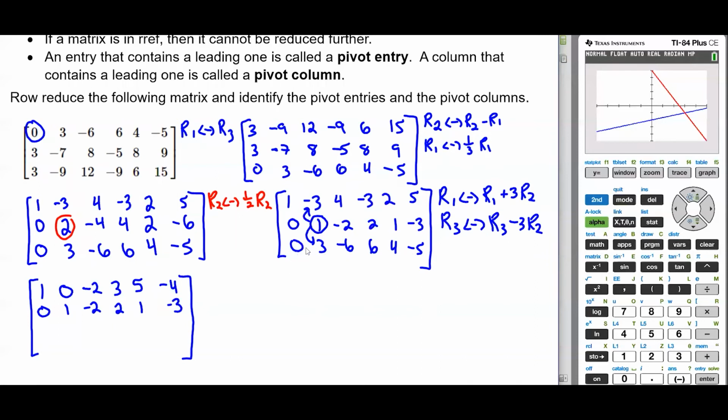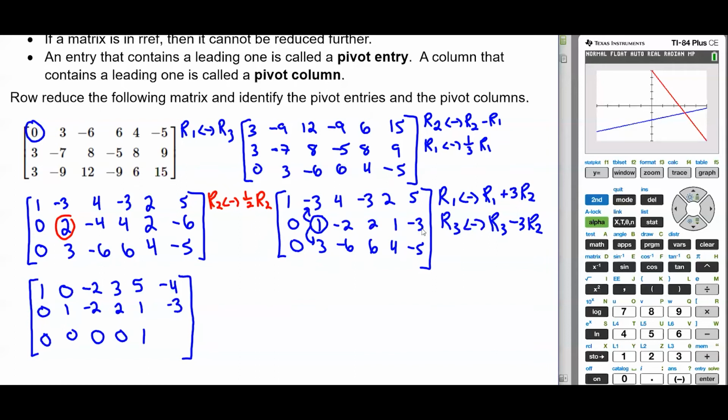And then row 3, we're going to subtract 3 row 2. 0 minus 0, 0. 3 minus 3 is 0. That's what I wanted. Negative 6 plus 6, that's going to be a 0. 6 minus 6, right? 6 minus 3 times 2, that's a 0. 4 minus 3 is a 1.